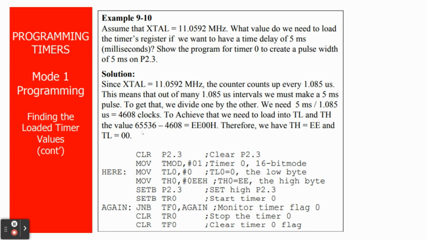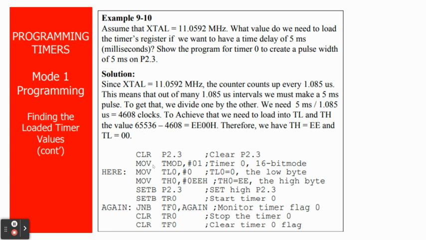Again, we got 65,536 assuming that we are doing mode 1. That would be 2 to the power of n or 2 to the power of 16, and that's equal to 65,536. Again, why we use 16? Mode 1 is 16 bits.